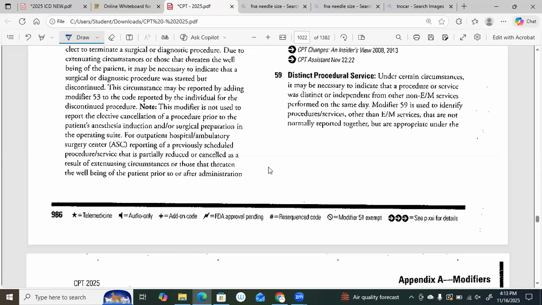Yes, ma'am, I got it. Okay, now tell me what is the difference between these two? Modifier 51 is for multiple procedures, but 59 is for distinct procedures.